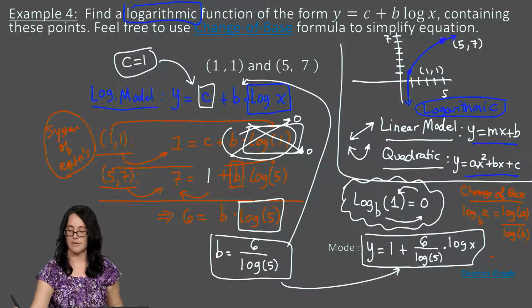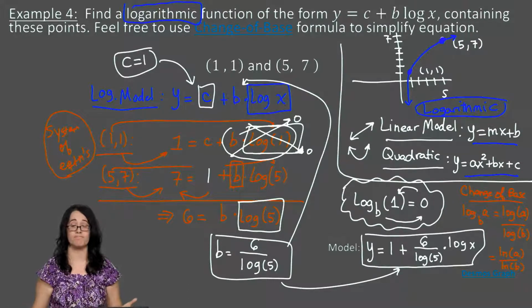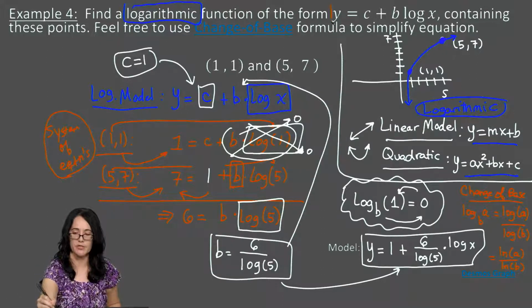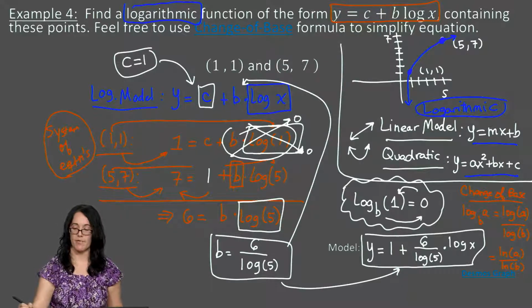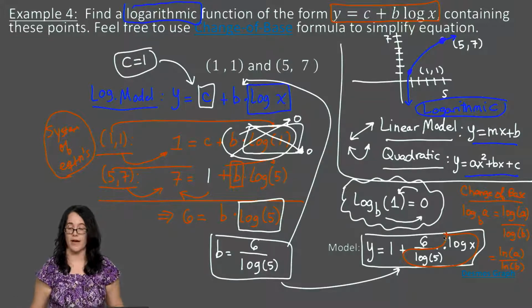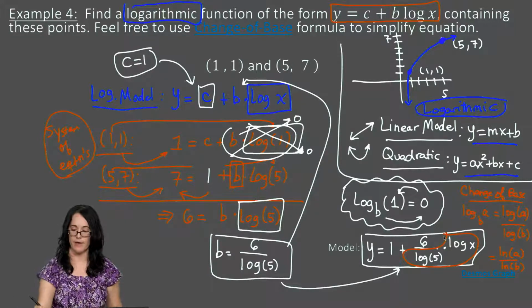It could also be the ln, the natural log, of the argument over the natural log of the base. Either one of those is fine. Now in this situation, I would recommend, if we're trying to get our equation to look like they've asked us for, which is base 10, I would recommend using the common logs, base 10. So if I did that, I would say right here that log of x over log of 5 is really what? Well, let's take a look.